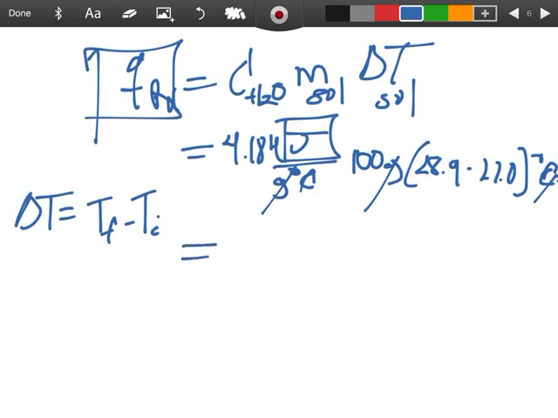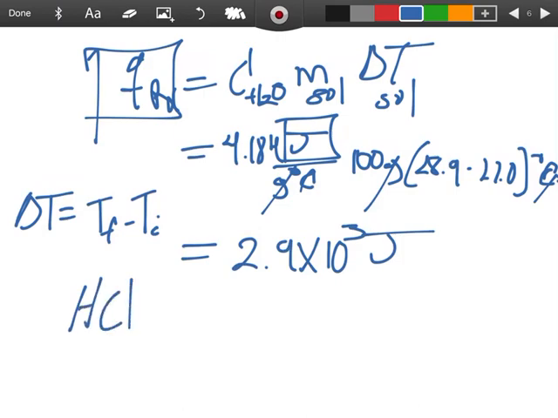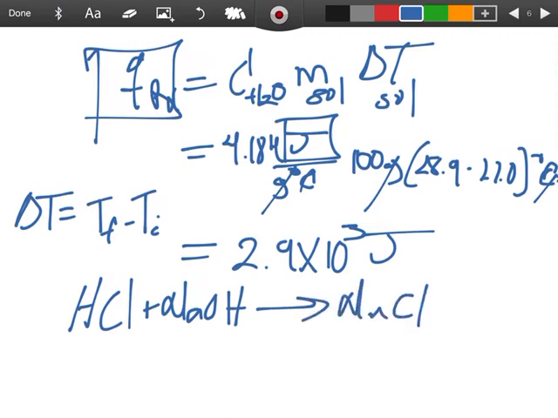So when you perform the math for this, you will get that 2.9 times 10 to the 3 joules is the amount of energy that was released from the exothermic reaction of HCl plus NaOH to give me NaCl plus H2O.